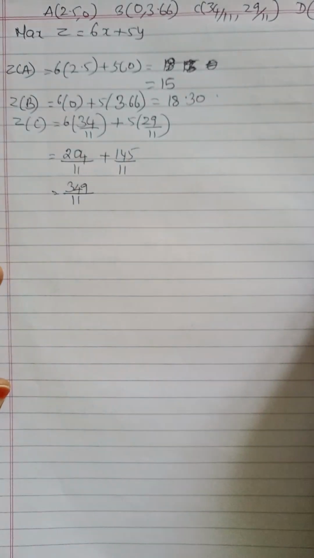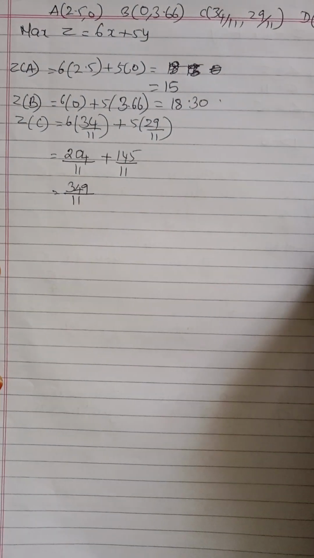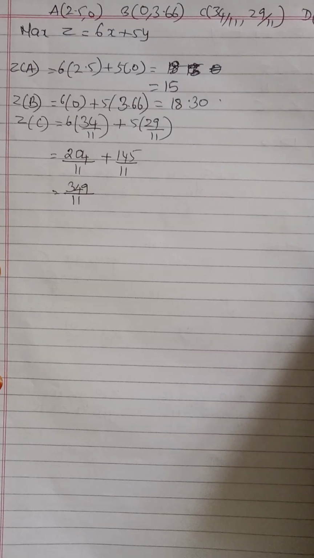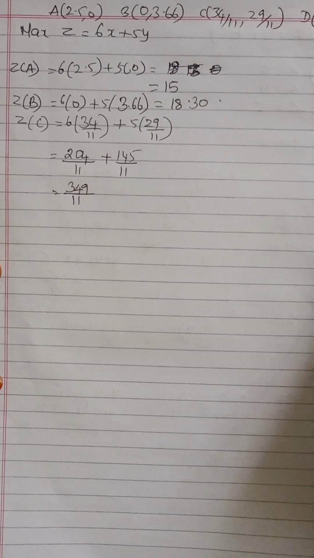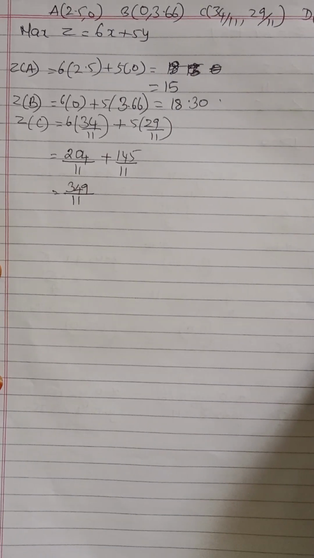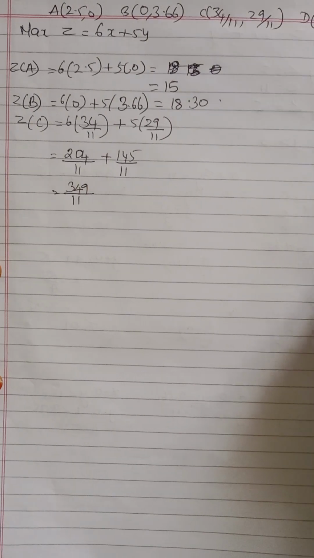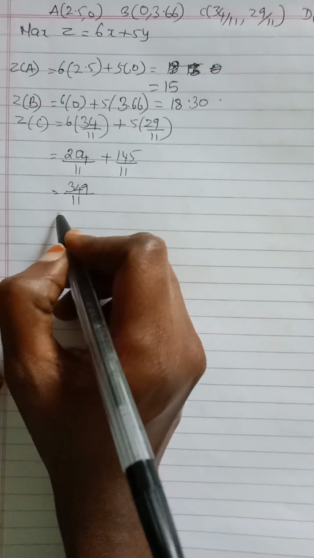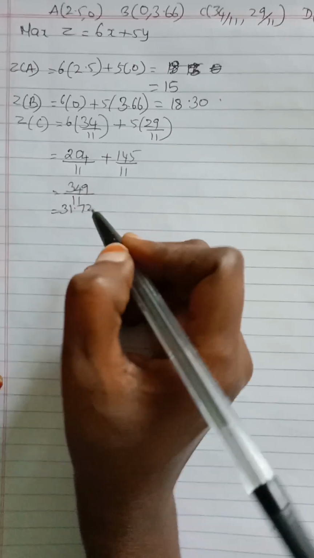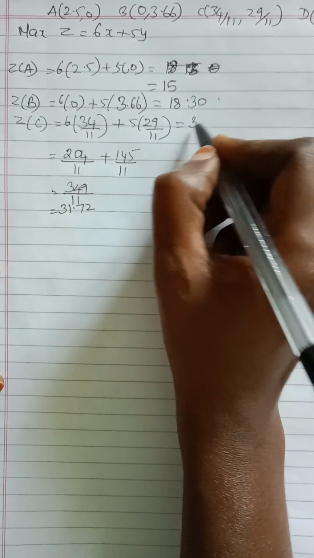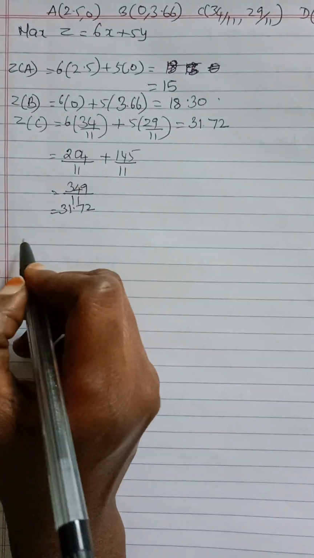So what is the value of 349 by 11? 11 divided into 349: 11 3s are 33, remaining 1, 19. So 8 is remaining. 8 goes 7 times. So this value will be 31.72.